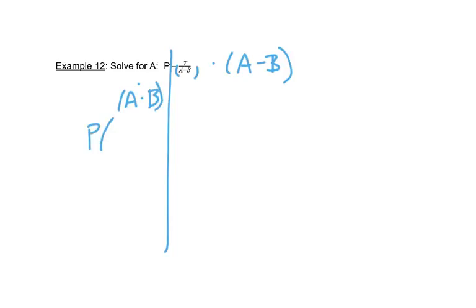So I have p times a minus b equals t. So I'm trying to get a by itself, and right now I have p times a minus b. So now we can get rid of the parentheses. We can take p times a and then p times b.